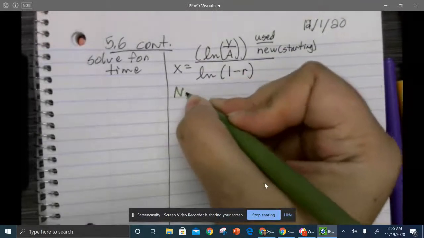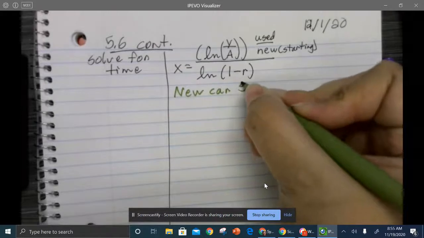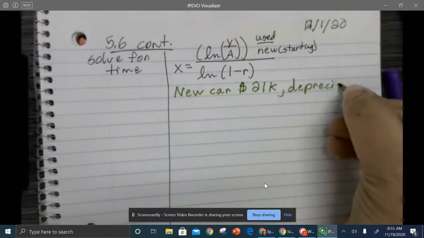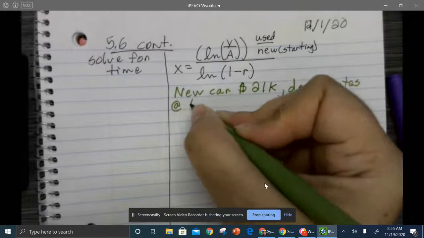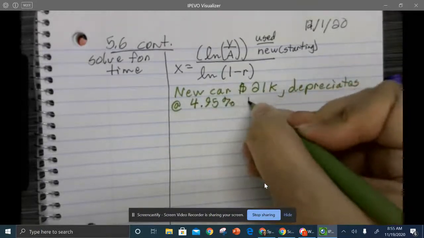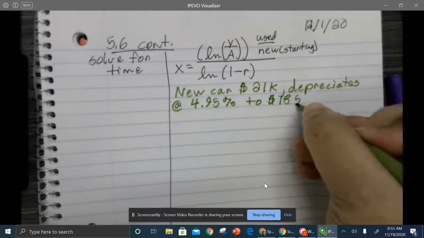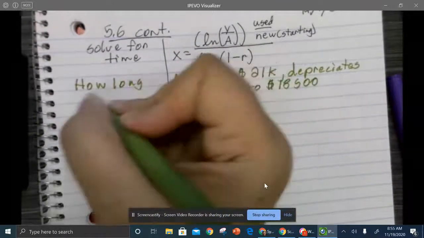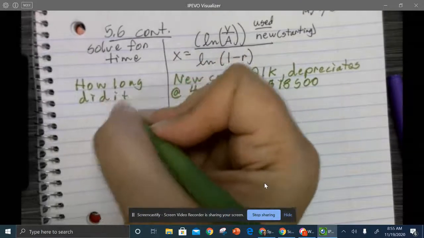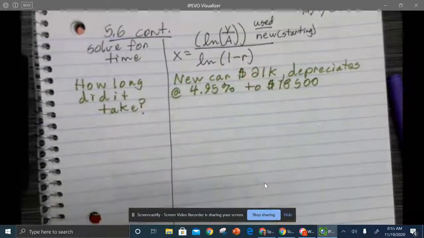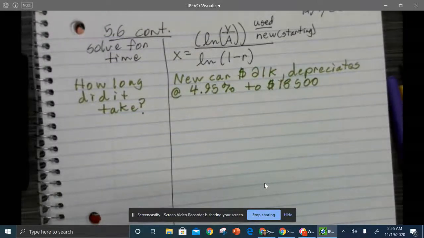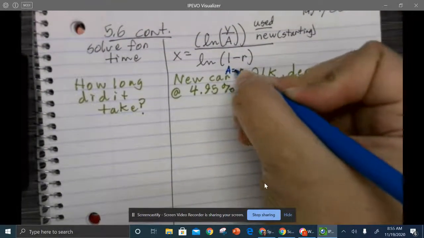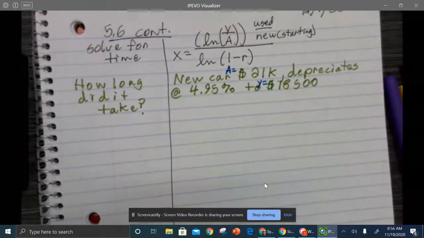So let's figure out how long it would take. Let's say we have a new car. It's 21,000. It depreciates at 4.95% to 18,500. How long did it take to depreciate to 18,500? We're going to plug those in. Our new value is 21,000. y is our used value.